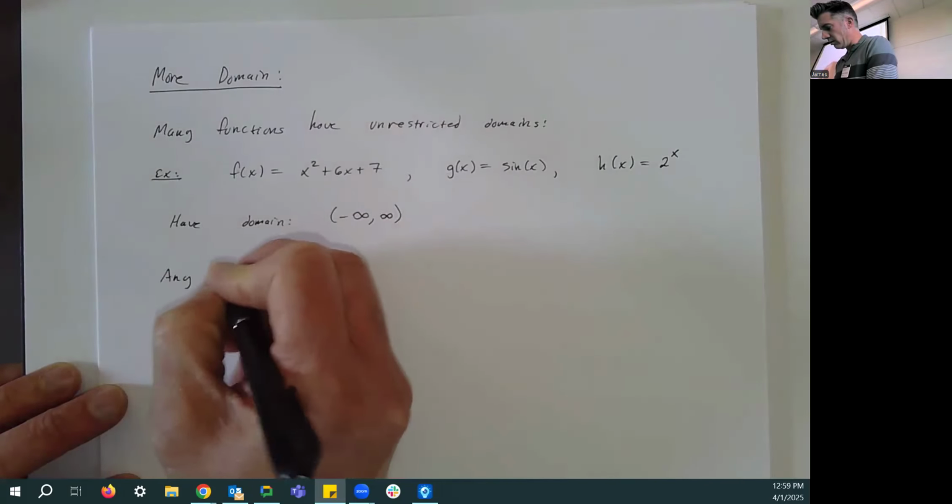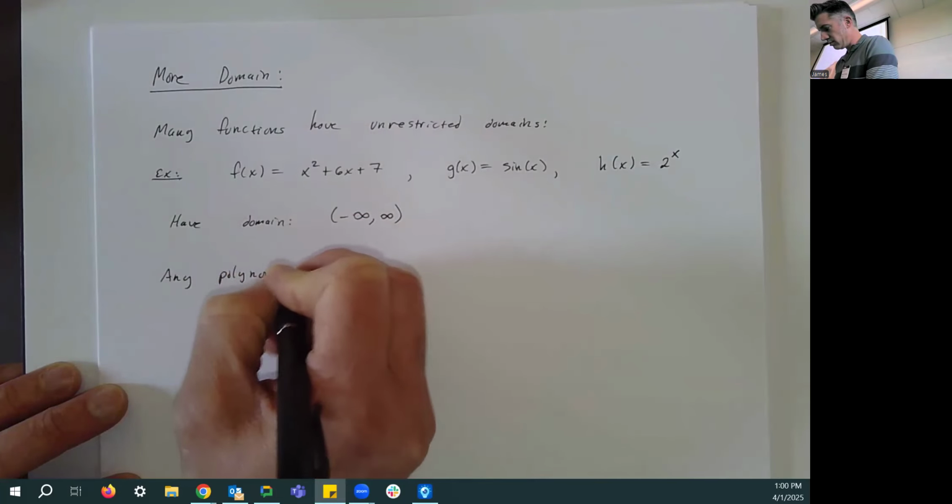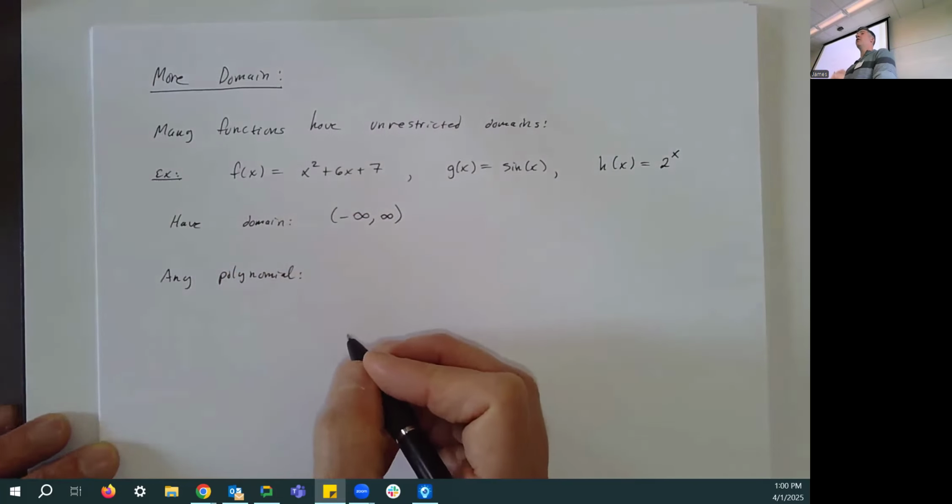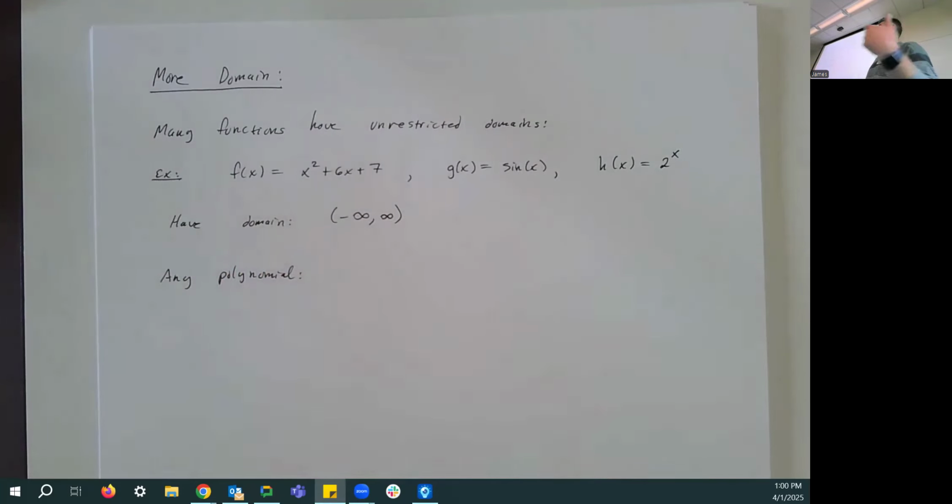So any polynomial looks like a function of x where the powers of x are non-negative integers. So like we're thinking x squared, x cubed, x to the fourth, et cetera.